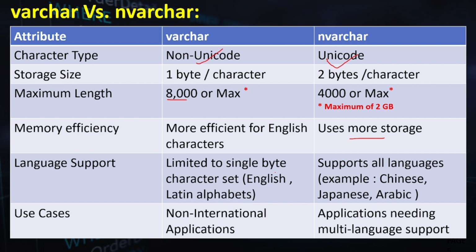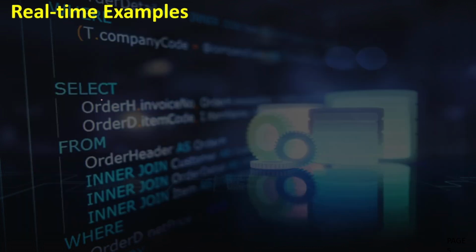Languages supported: varchar is limited to a byte character set, English, Latin alphabets, that's all. But nvarchar supports Chinese, Japanese, Arabic, etc. Use cases: for non-international applications, any application which is only going to support English, varchar could be a suitable option. But if you are going to have multi-language support, then you need to have nvarchar. So I hope these 6 points clearly differentiate nvarchar and varchar.